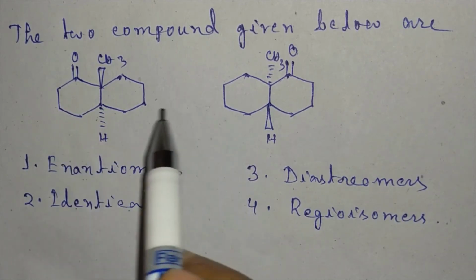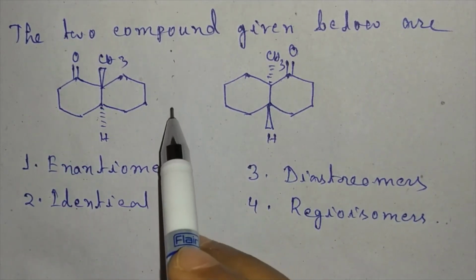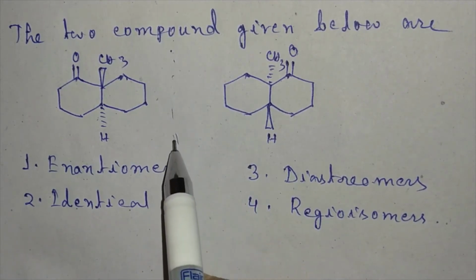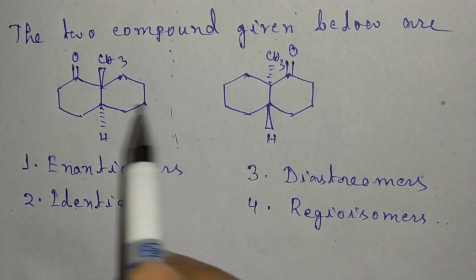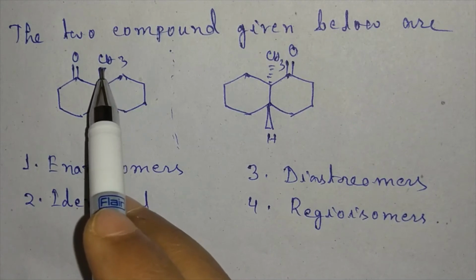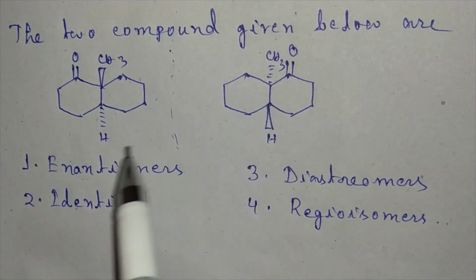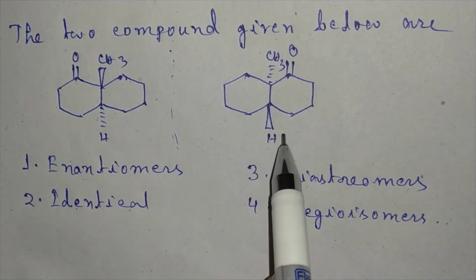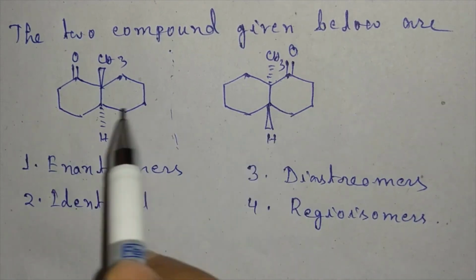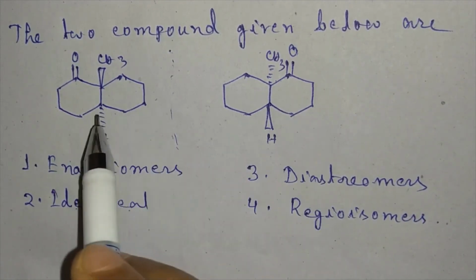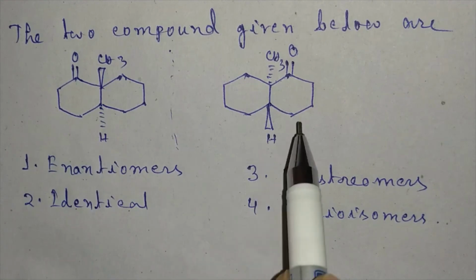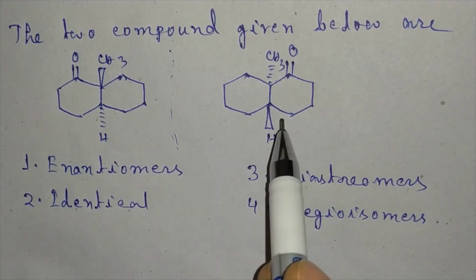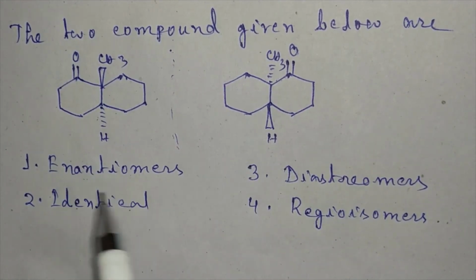But if we see here that if we place a mirror between these two isomers, we can see that methyl is here above the plane, whereas it is below the plane, and the hydrogen is below the plane and it is above the plane. So these two do not have mirror image relationship. So these two are not enantiomers.